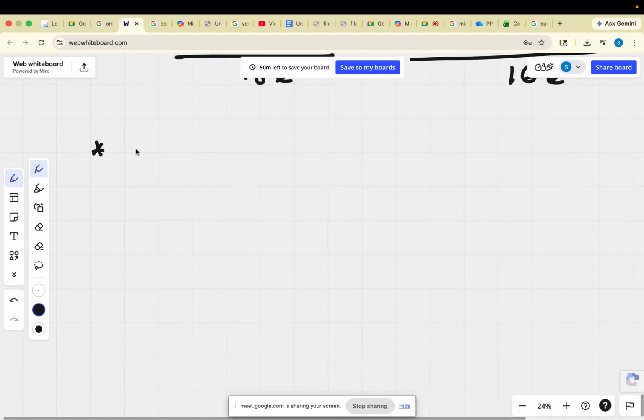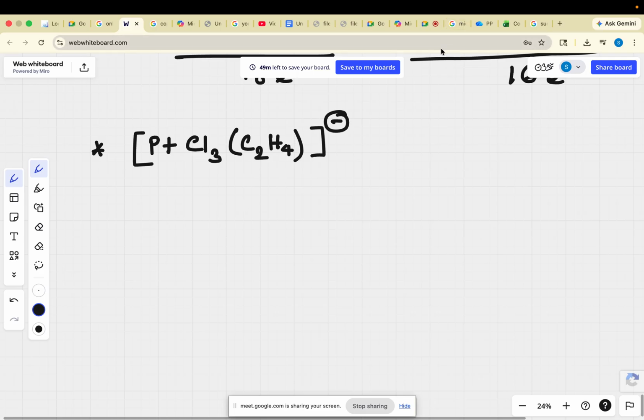Okay, suppose you have PtCl3(C2H4) minus. PtCl3(C2H4) minus. Count it. How many electrons are you getting?